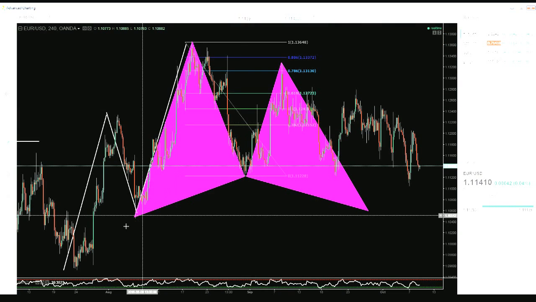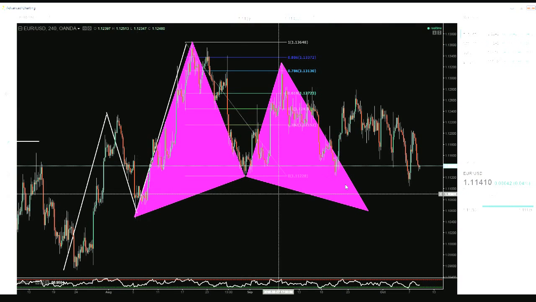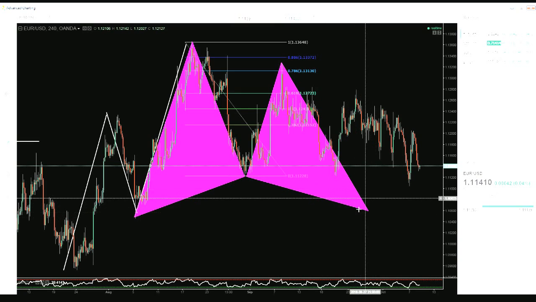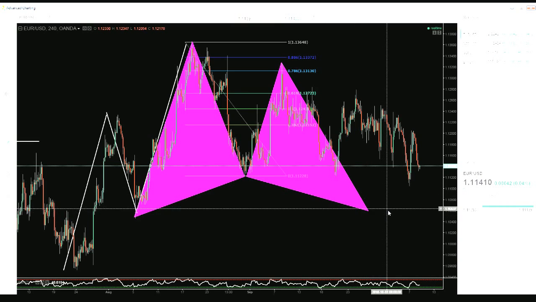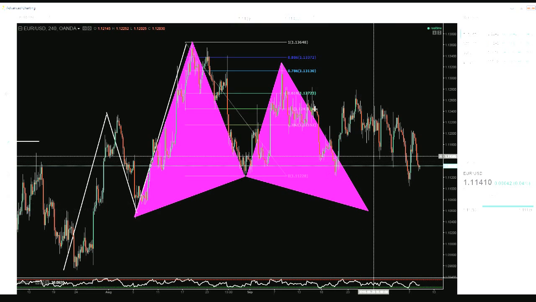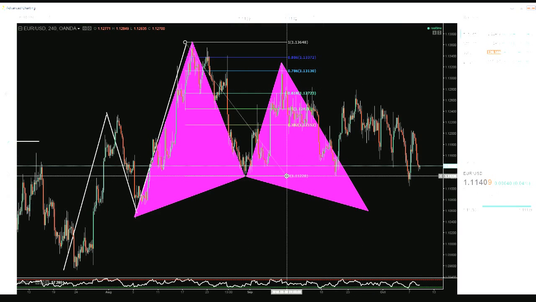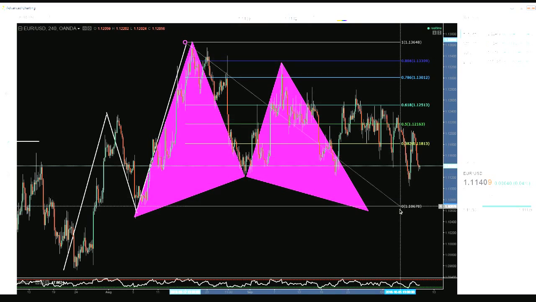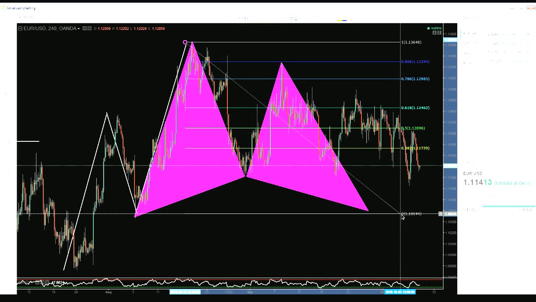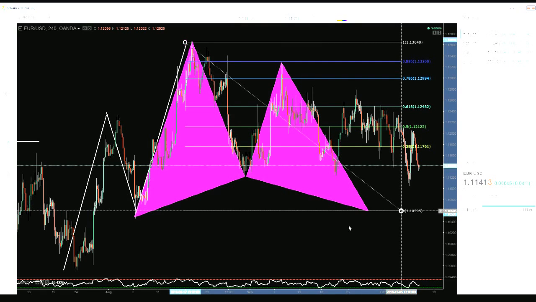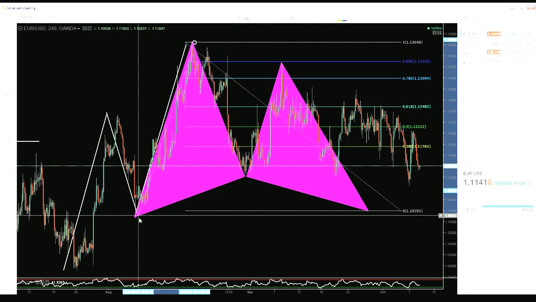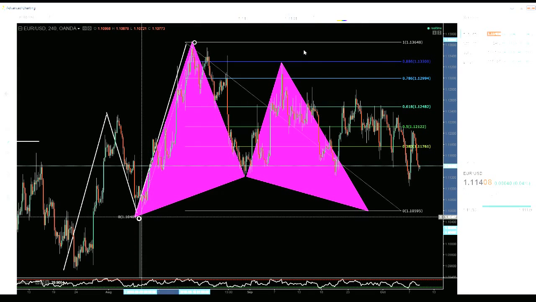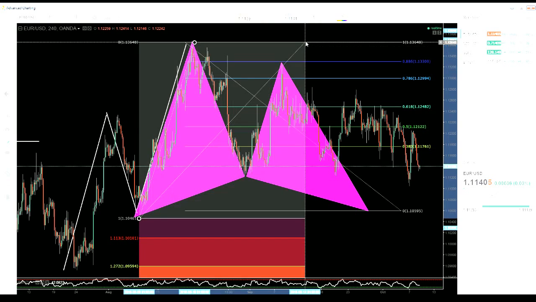For your stops, you just have to be below this. The way I had it measured out is I think 60 pips of risk. See if I can drag this down and just measure it out.